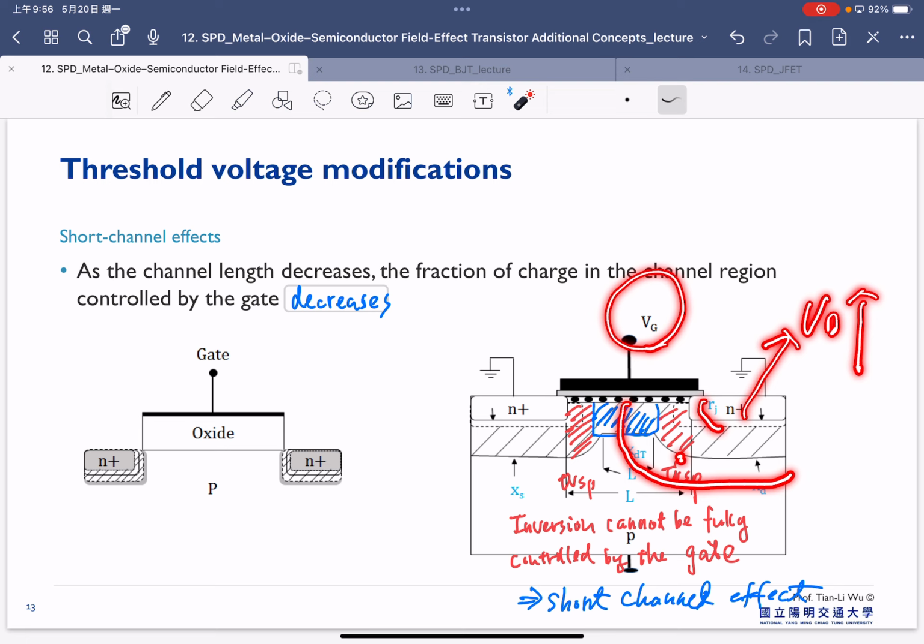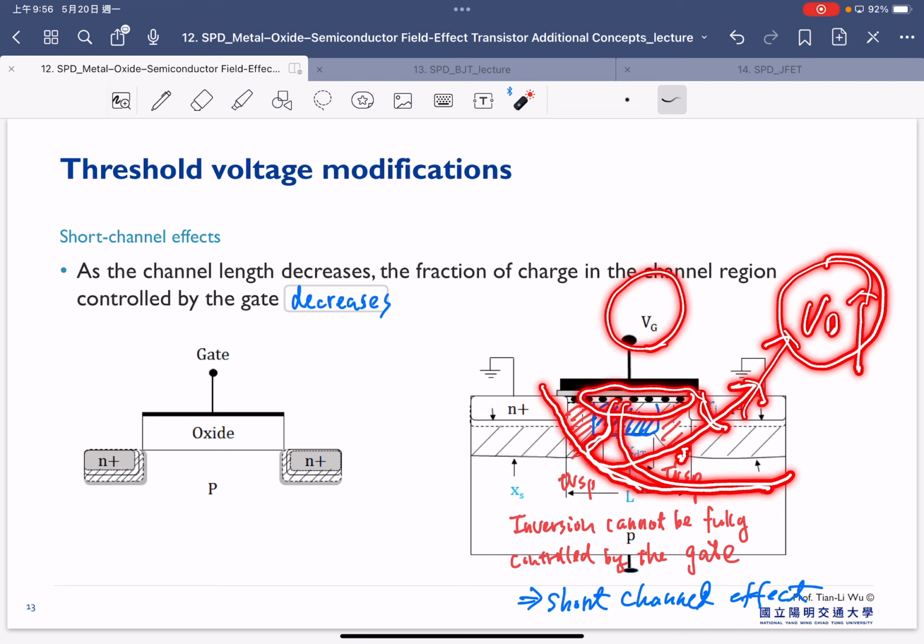So now the current will increase even if we don't apply the gate voltage, because this drain voltage will continue to increase, so there will be further extension, and there's a possibility that the electron can start to flow from source to the drain without going through the channel.